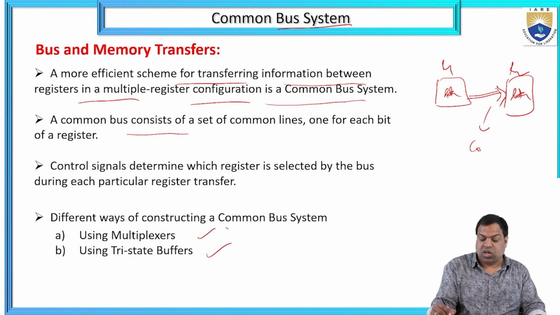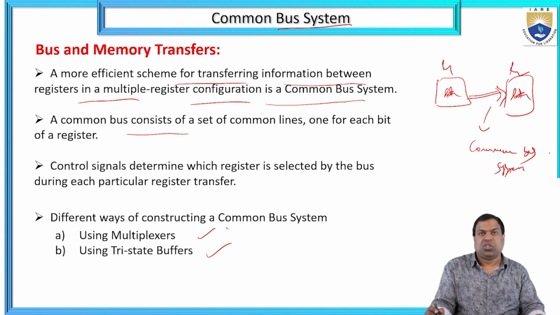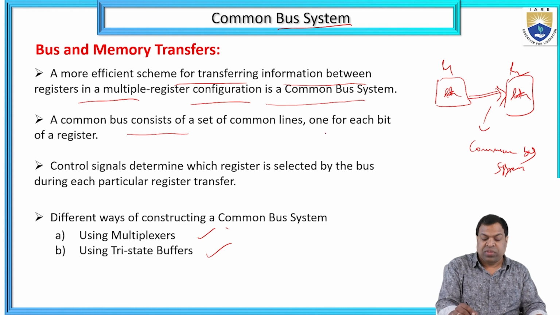So it is possible to go from one register to another register only through the bus. The bus means common lines used to transfer from one register to another register, one line for each bit of a register.